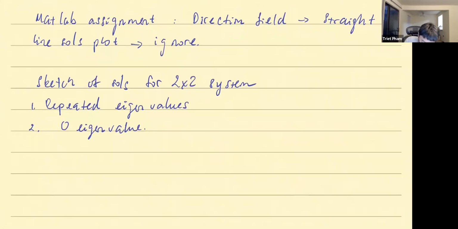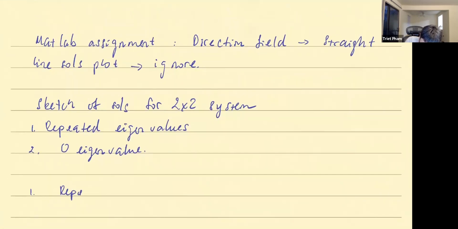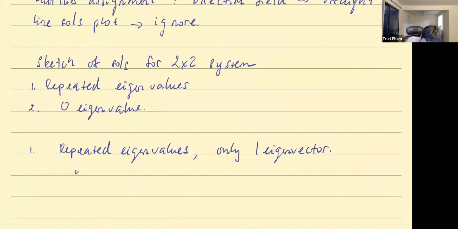So for the first one, if you have a repeated eigenvalue, and suppose this is a 2x2 system, let's talk about the case when you have only one eigenvector. Then first of all, pay attention to the structure of the solution.